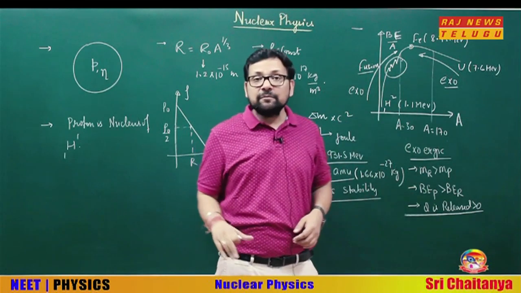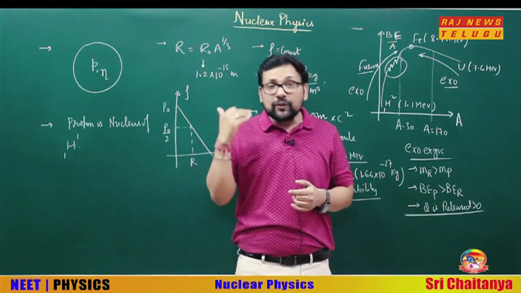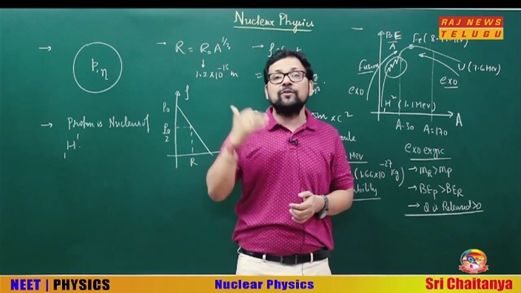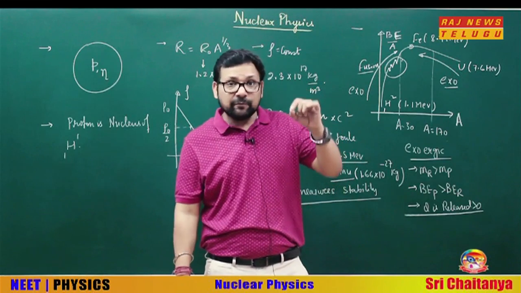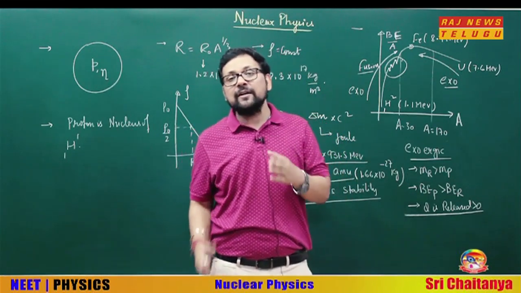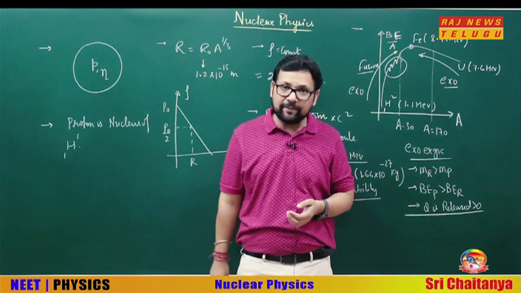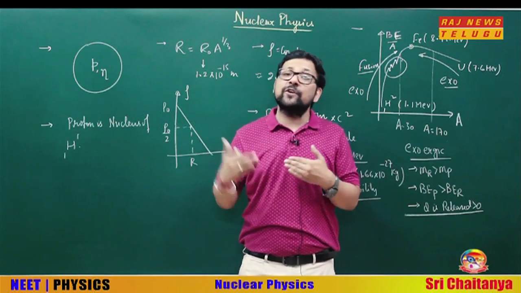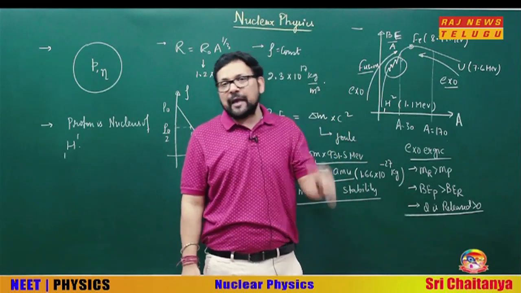In maxima, the nuclei are such that even number of protons and even number of neutrons are there. And at minima, in lighter nuclei, the nucleus was such that odd number of neutrons and odd number of protons were there.